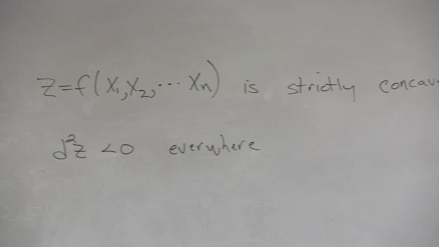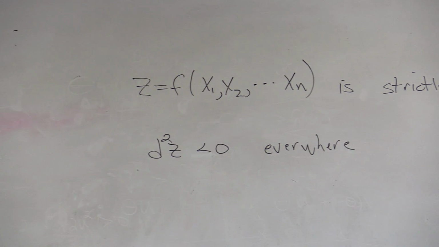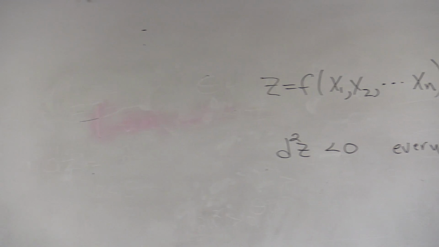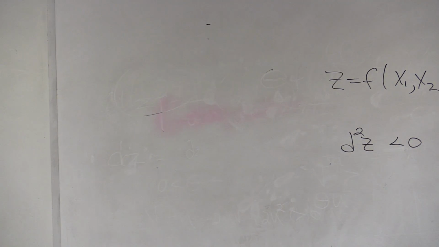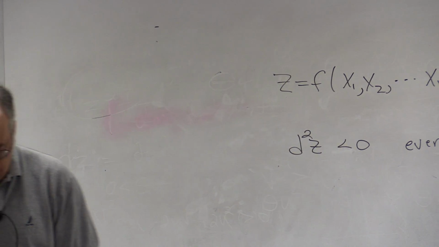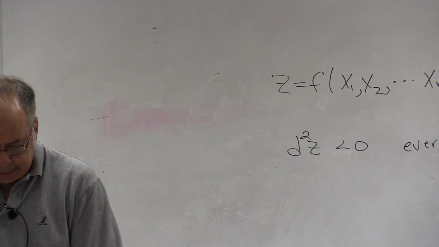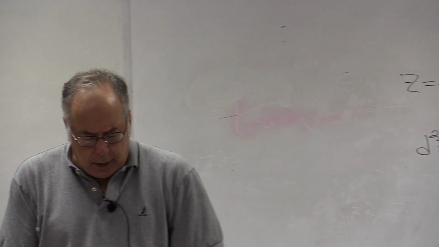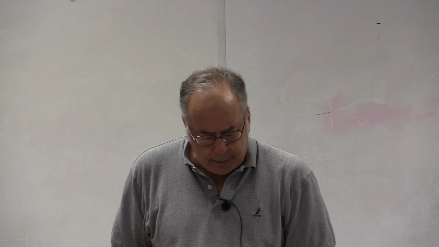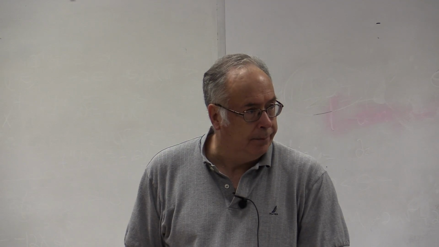Let's take a short break. And what I would like you to do is look at problem 2 on page 341. That's an example where you have a two-product firm.